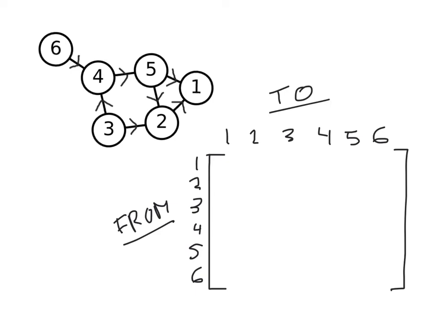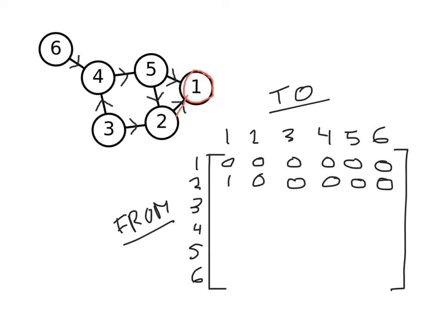So if I look at node 1, if I try to go from 1 to anywhere else, I can't. Node 1 goes from 1 to nowhere. How about 2? If I look at 2, I see that I can get from 2 to 1 here. So I can get from 2 to 1, but that's it.